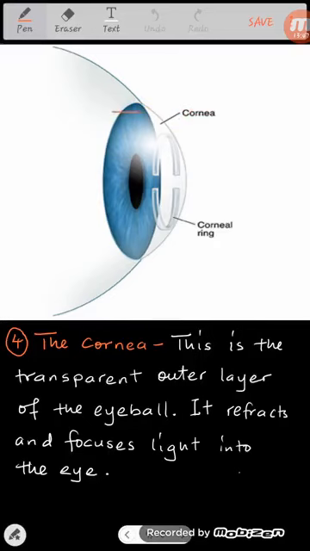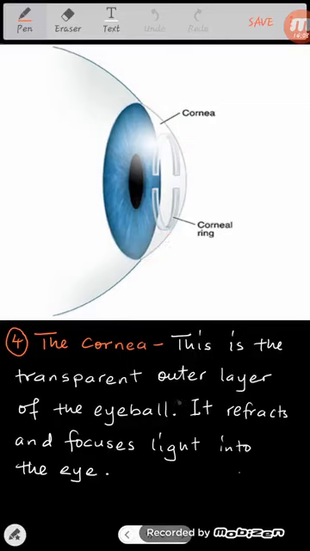Remember that between the cornea and the iris, there's a liquid that we learned about when we were talking about the internal structure of the eye. That's the thing. So this one is the cornea.